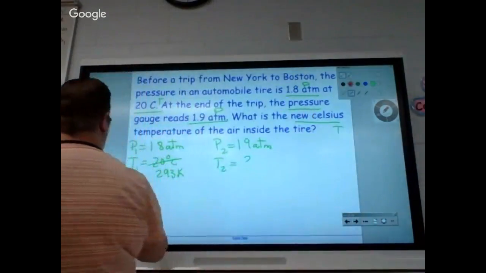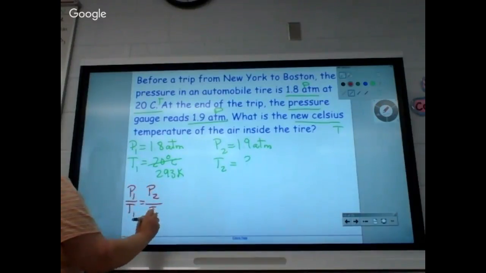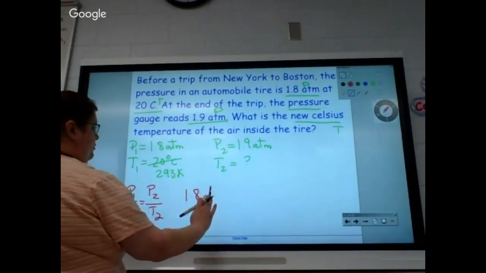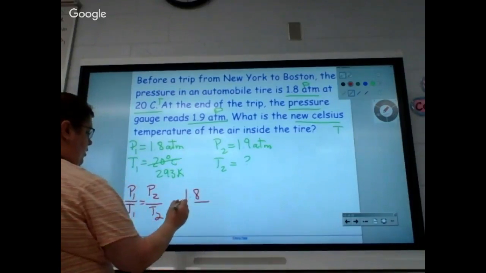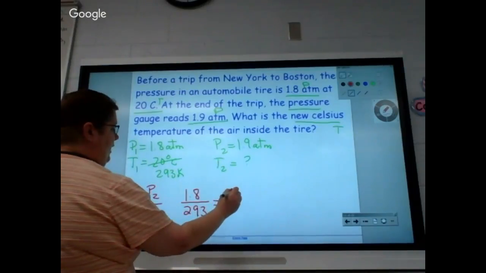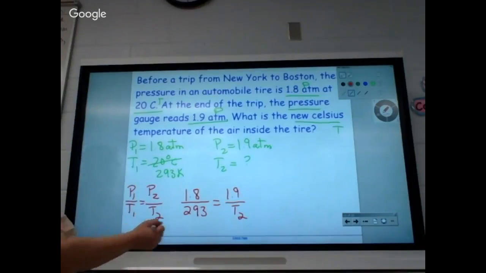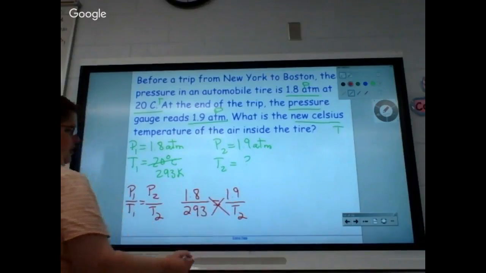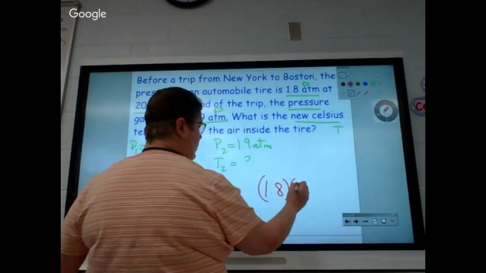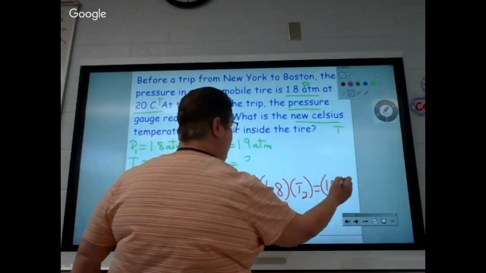So, plugging in and solving. P1 over T1 equals P2 over T2. So P1 is 1.8 over 293 equals 1.9 over T2. Cross multiply: 1.8 times T2 equals 1.9 times 293.